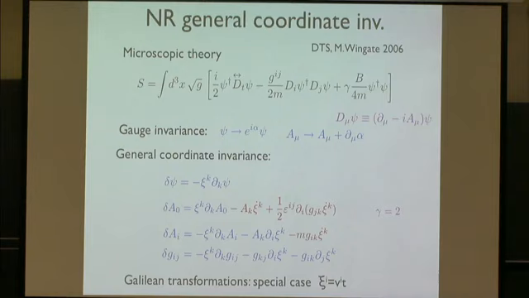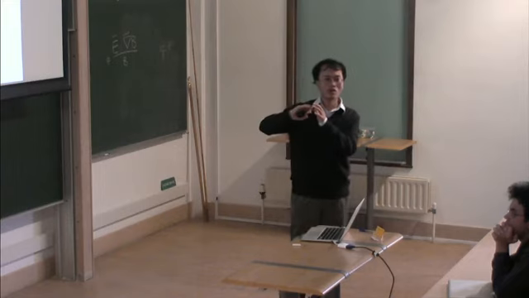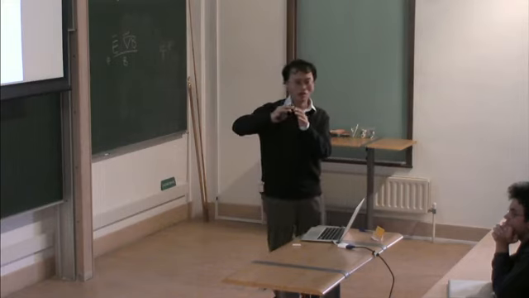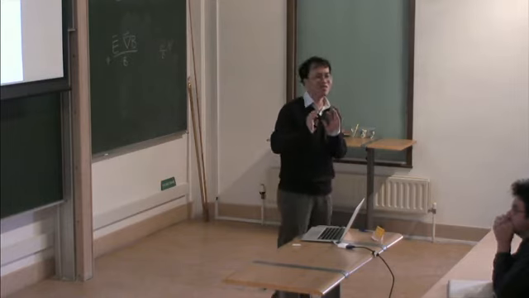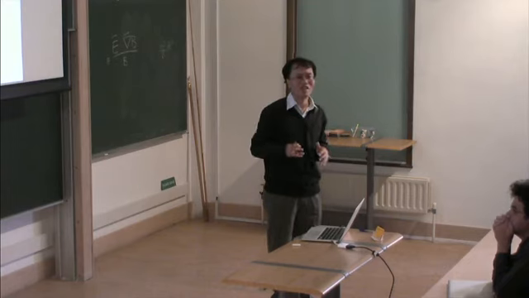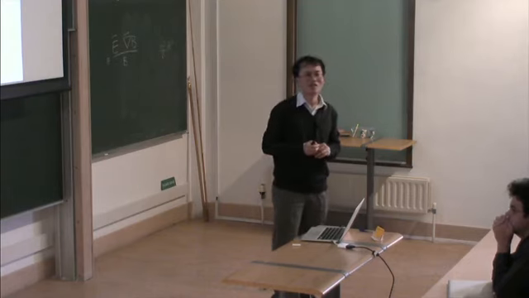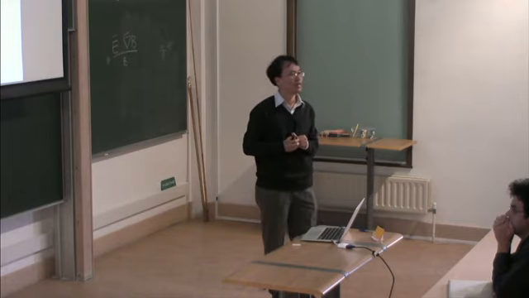I didn't talk about the interaction. Actually, in order to make the action with interaction invariant, you also have to make sure that the interaction term also couples to the metric in a particular way. And I don't know whether just deforming the lattice would satisfy that constraint.